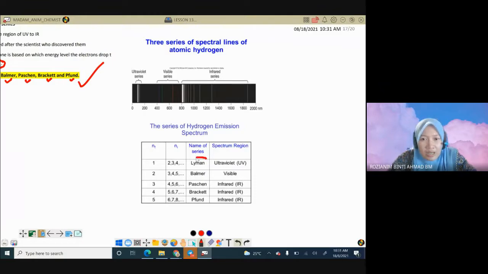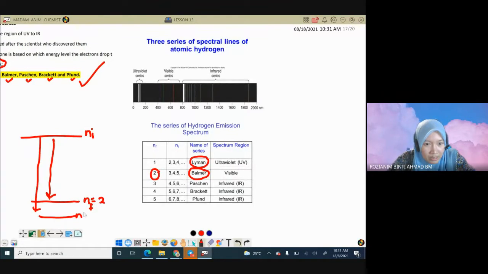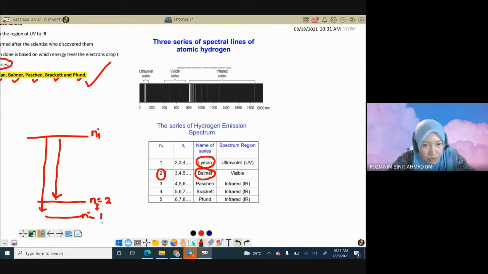So, if electron falls from the highest energy level, contoh n initial dia tinggi, and then n final dia equal to 2, so dia akan hasilkan Balmer series. Tapi kalau Balmer, electron final dia adalah 2. Okay, kalau elektron tu jatuh kepada n equal to 1, so it produces a Lyman series.